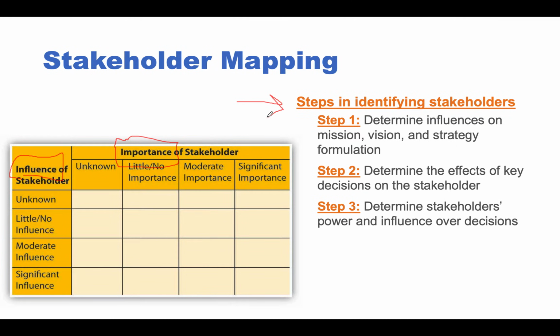So they are highly impacted by big decisions on layoffs or reorganizations or mergers and acquisitions that the organization is doing, but they literally have no say in those decisions. So there is not necessarily a one-to-one relationship between amount of power and influence and being impacted by the decision.